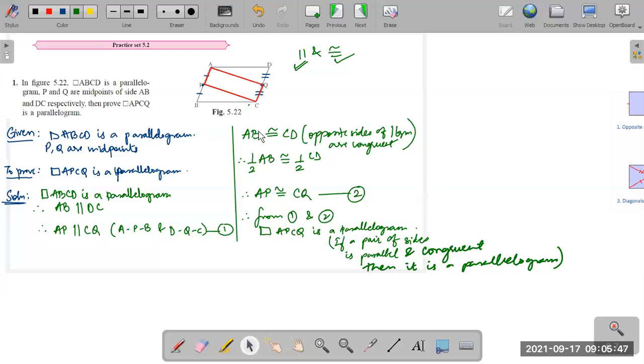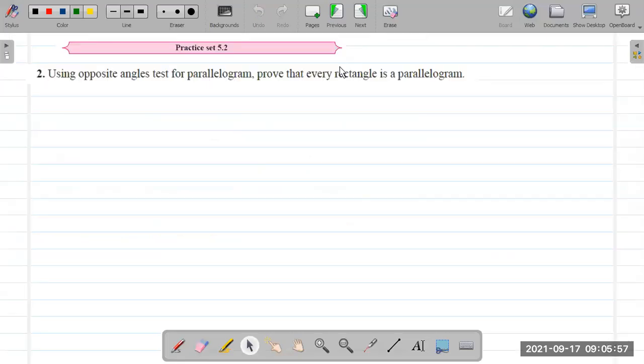Okay. So the proofs are really short and sweet, but you need to understand how and which property we are using. Okay. Let us move on to second question. Practice set 5.2. Using opposite angles test for parallelogram, prove that every rectangle is a parallelogram.